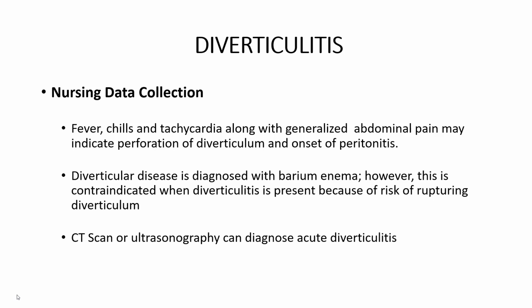But diverticulitis can also be confirmed with a sigmoidoscopy or a colonoscopy, where they'll be able to visually see that diverticula in the areas of inflammation. They also can diagnose it with a CAT scan or an ultrasound.